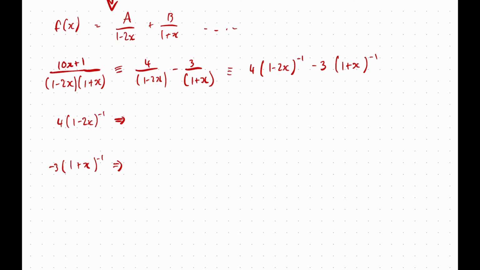So do them separately and then recombine, because it's just going to get messy on your page otherwise. For the expansion of 4 times (1 minus 2x), we don't need to take anything out.